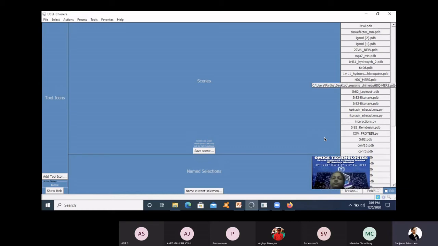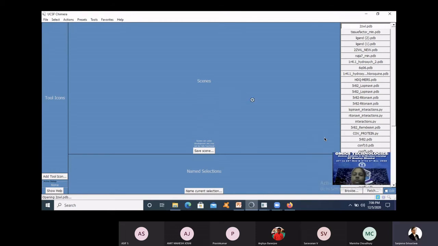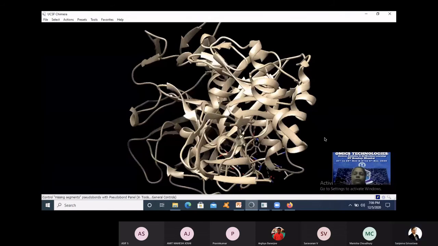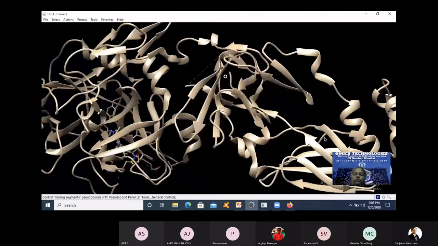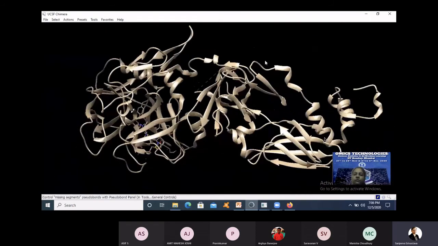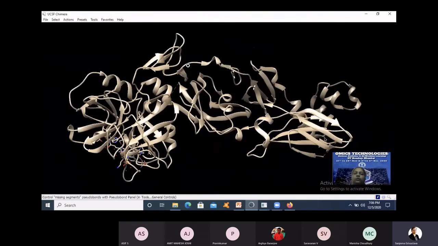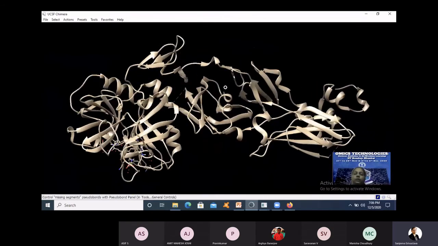Suppose I want to check the complex file which I got from ClusPro. This is the file. The file got uploaded, and this is the protein complex.